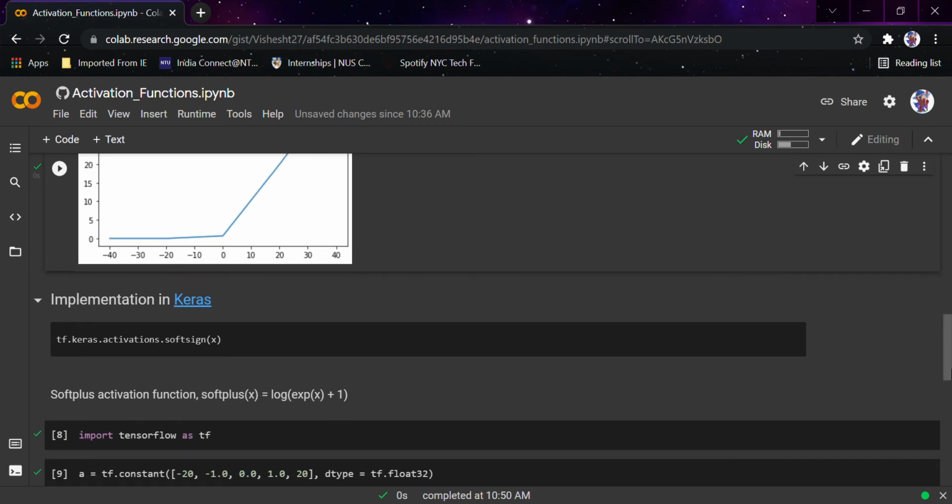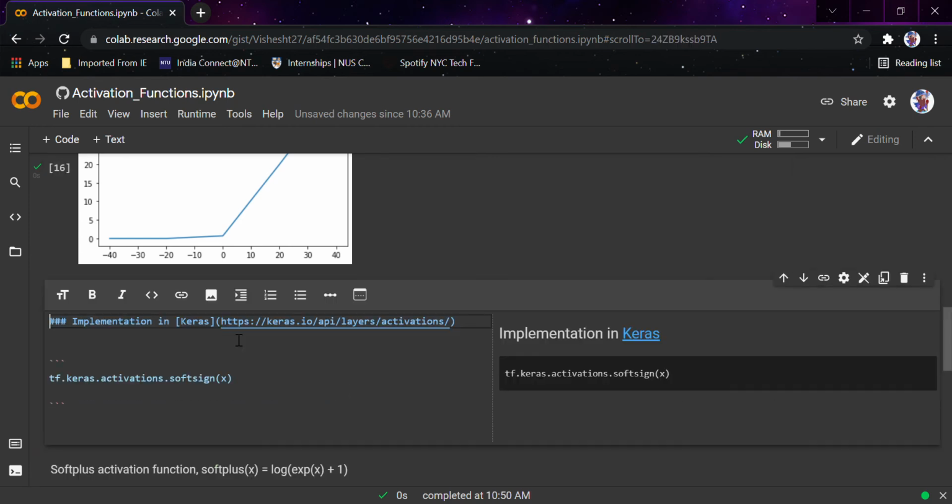And now let's see the implementation in Keras. Just like always, I just forgot to change this to SoftPlus, and I would just change this.